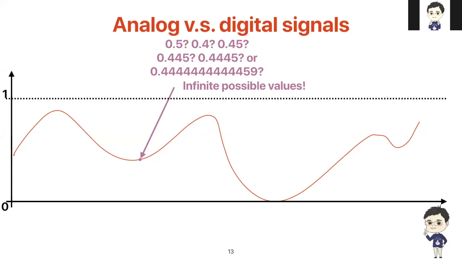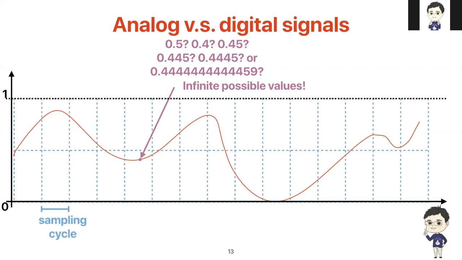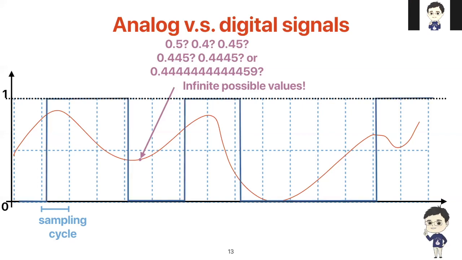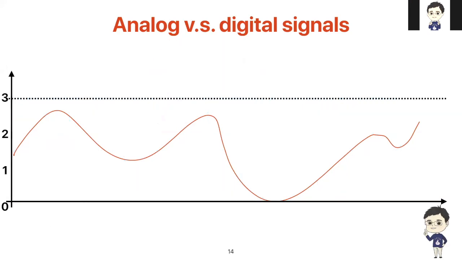However, if you are using a digital signal, first of all, if I want to assign a value for a certain point, I have to sample this whole signal within a given sampling cycle, and then I would use some kind of sense amplifier to figure out what the value is. Depending on the level of the voltage, it could be higher or lower. That's how we decide if it's 0 or 1, right?